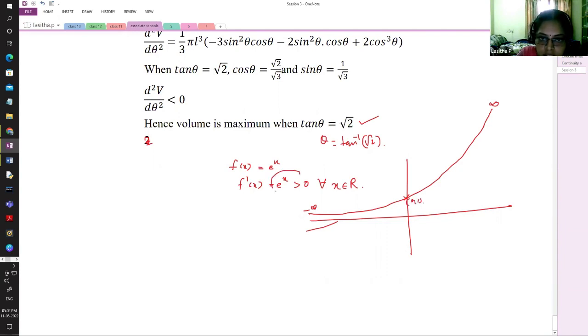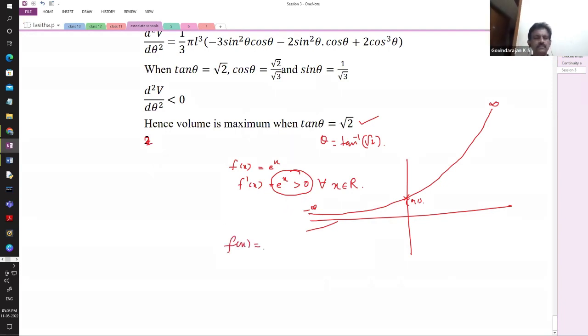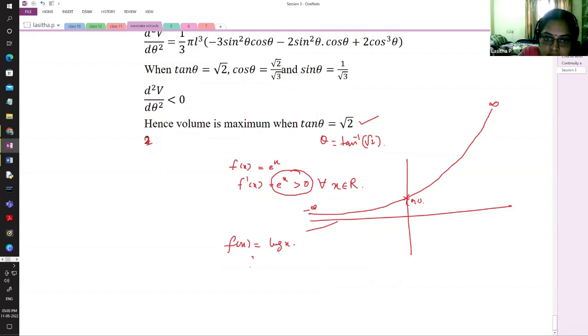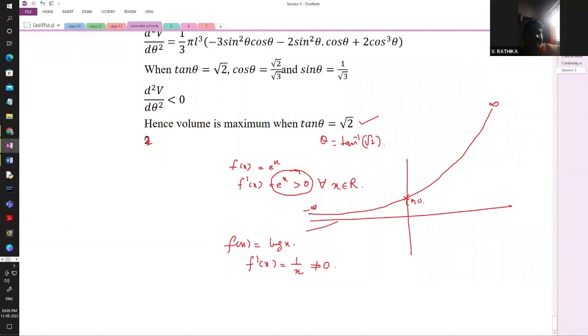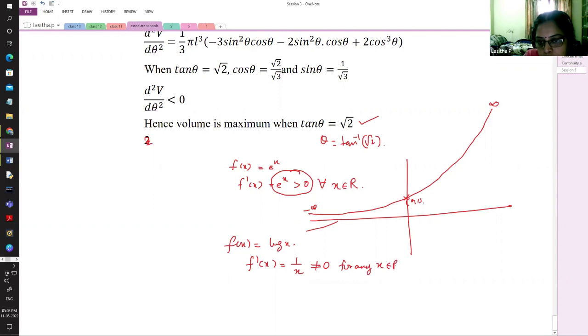This is previous knowledge: e to the power x is greater than 0 for all x belonging to R. Similarly, log also is like that, isn't it, sir? For log x, f dash x will be 1 by x. This is not equal to 0 for any x belonging to R, so there is no turning point and no point of maxima or minima.